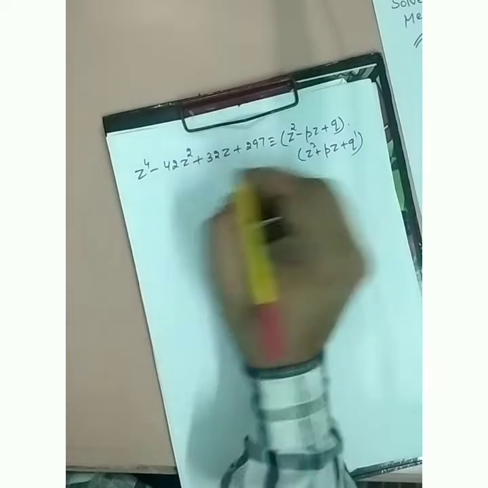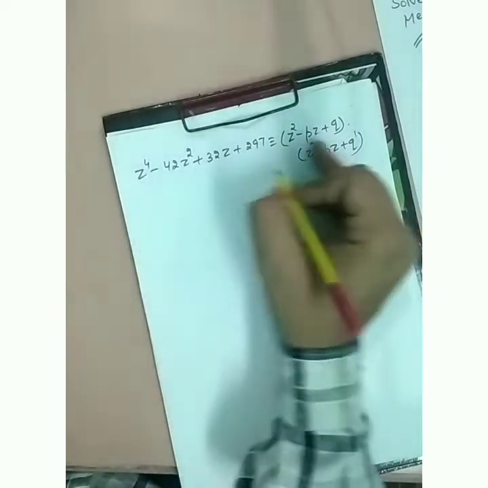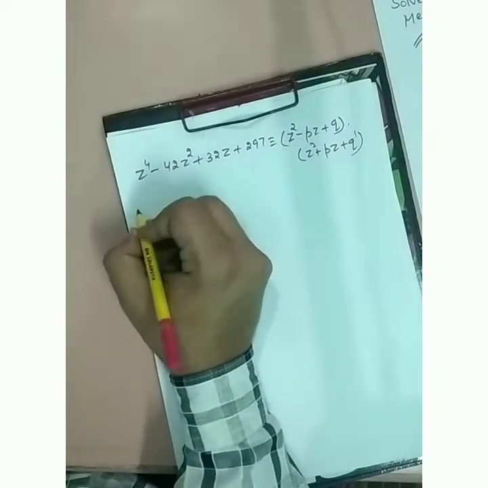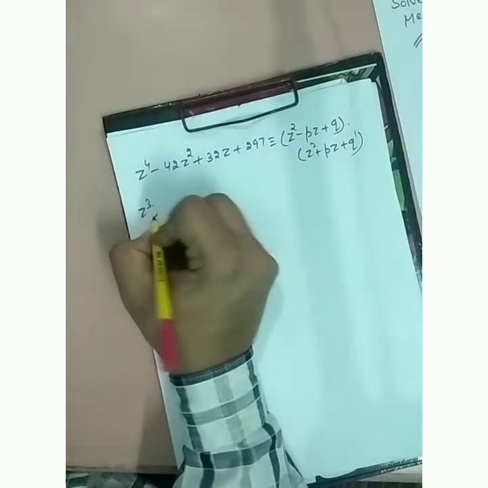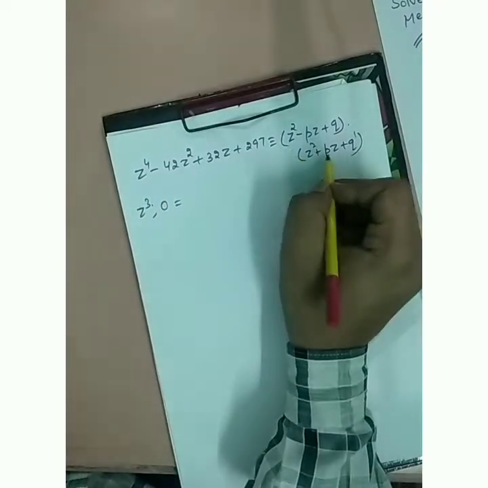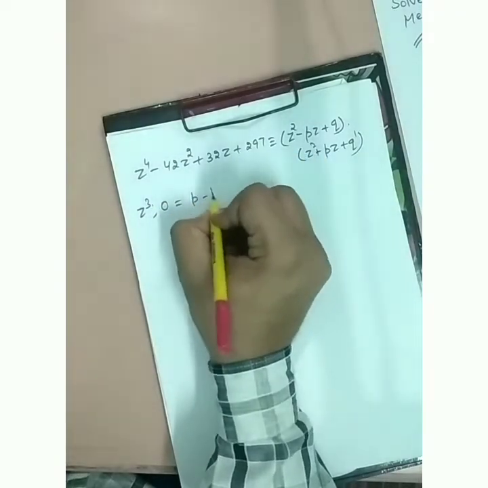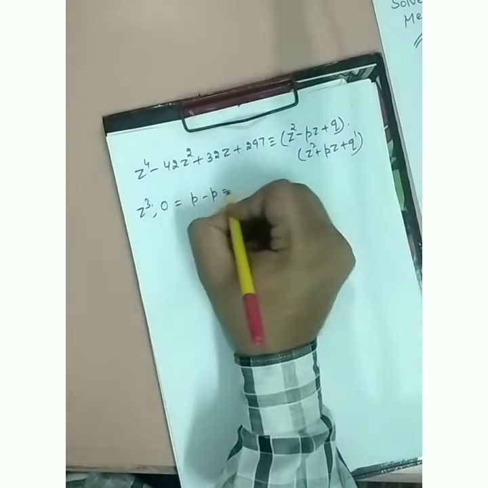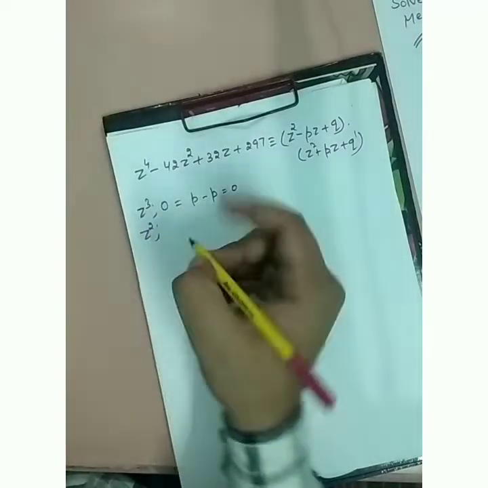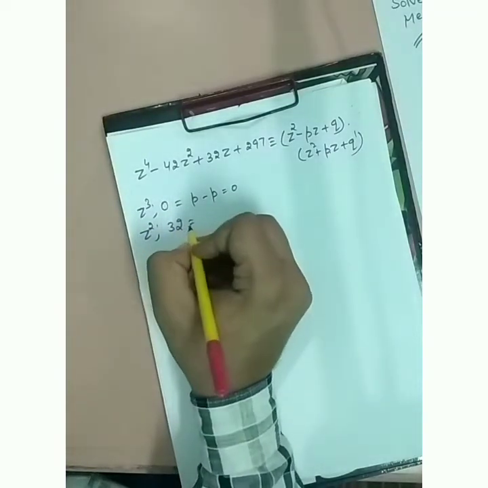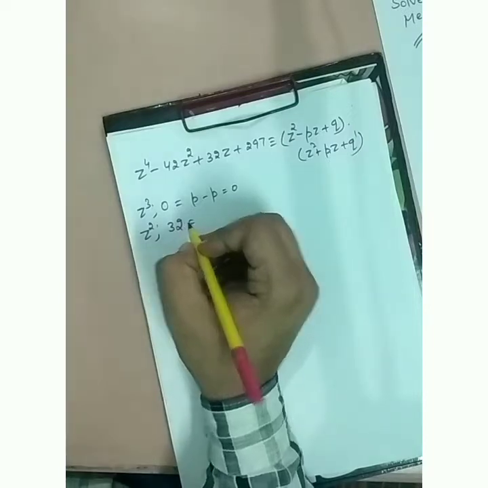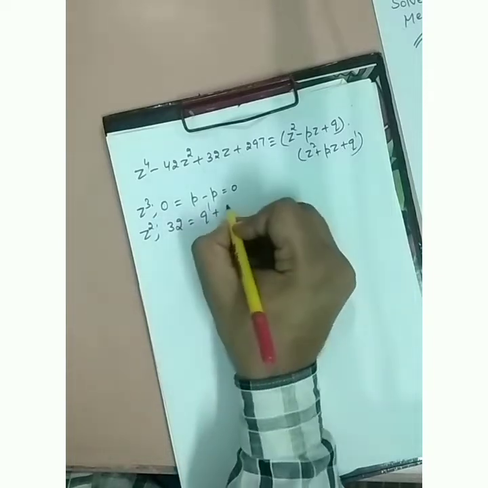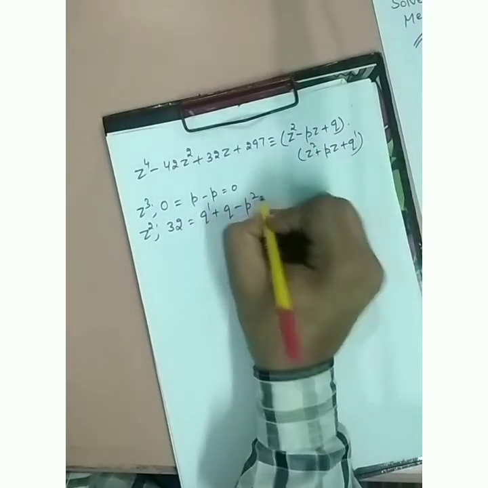Now comparing the coefficients of these two expressions. Here the coefficient of z^3 is equal to 0. Here the coefficient of z^3 is p minus p, that is also 0. Coefficient of z^2, that is here 32, and here the coefficient of z^2 is q' plus q minus p^2.